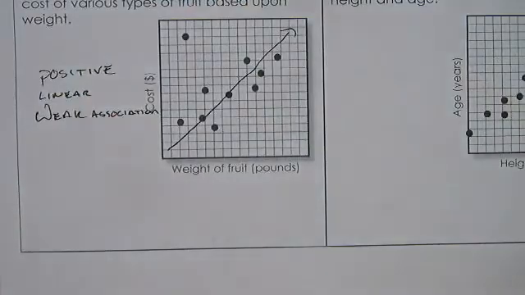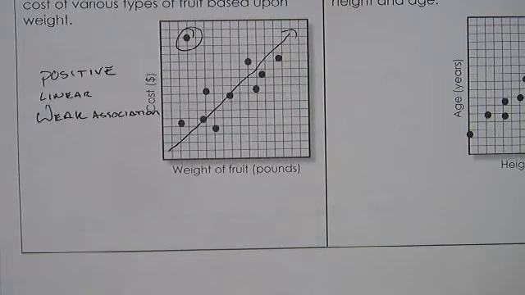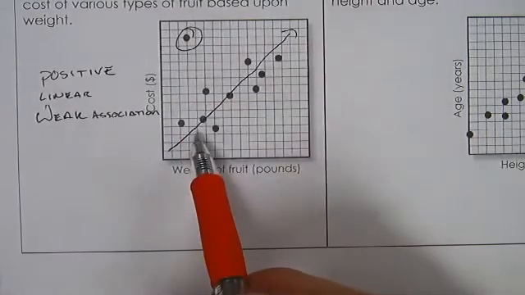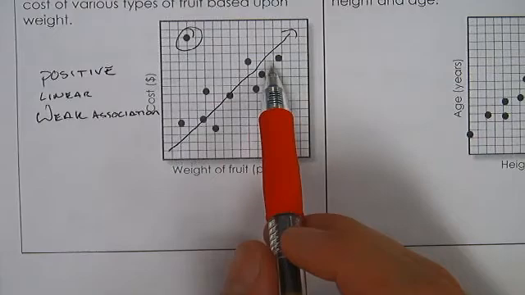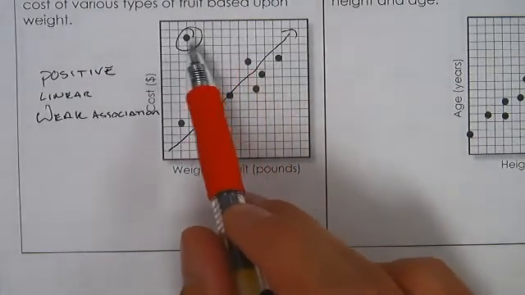So we don't want to think about this outlier yet. That guy's clearly not fitting the norm. Whatever piece of fruit that is, it's extremely expensive, even though it doesn't weigh very much. But the trend is, the more that it weighs, the more it costs, whereas this one is a lightweight fruit that costs a lot of money.